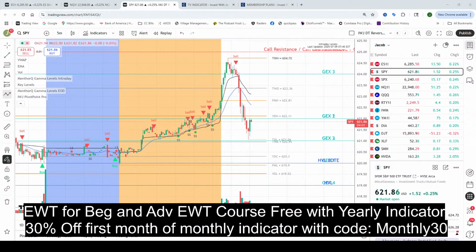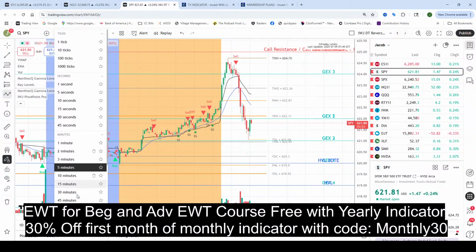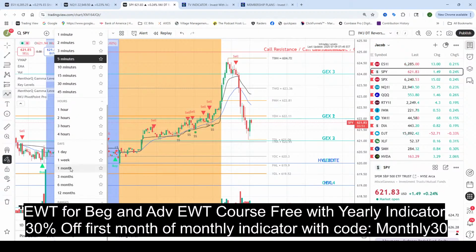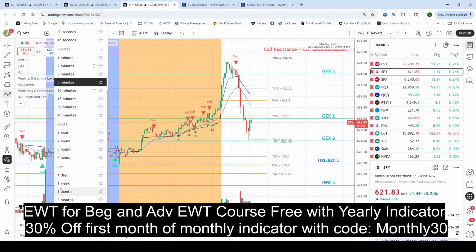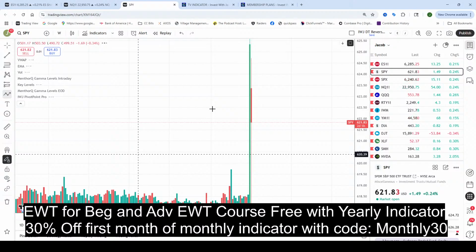Somebody asked about the weekly signals, the swing trades. So we're going to go to the weekly chart here real quick. I'll keep an eye on this on a different screen.